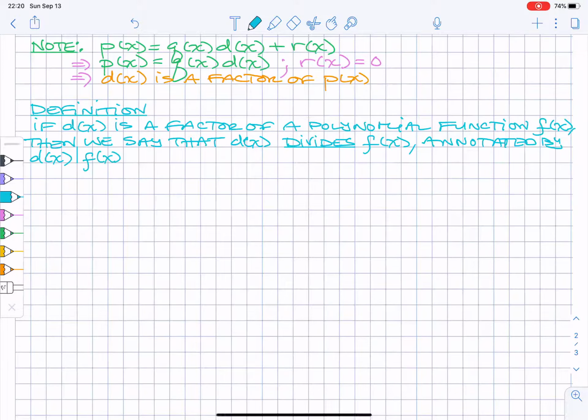D of x divides f of x if d of x is a factor.